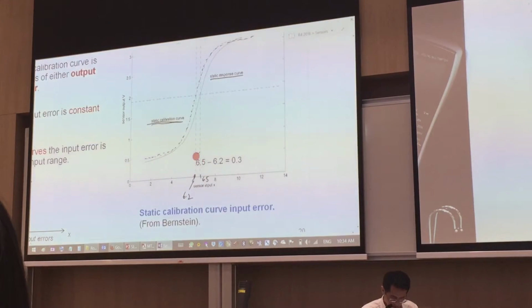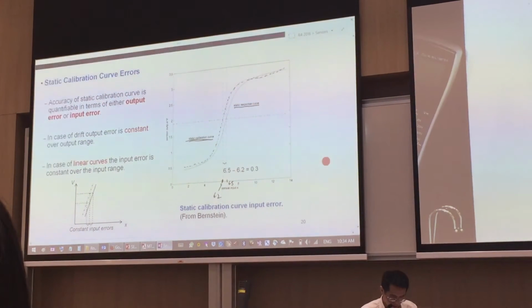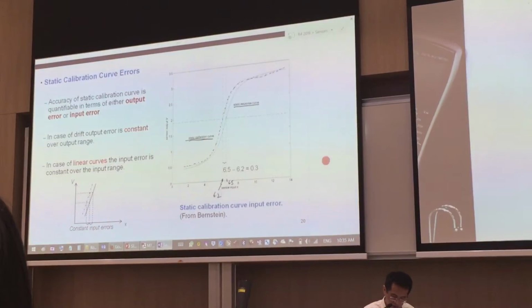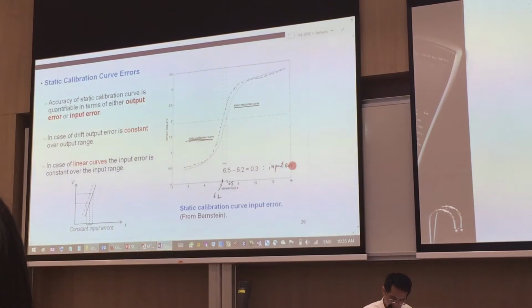So this is the amount that we need in order to calibrate it back to the static response curve. This part here is what we call our input error. So there will be input error, and then correspondingly the output error. And with that understanding of the error, we can then calibrate it back to the static response curve.